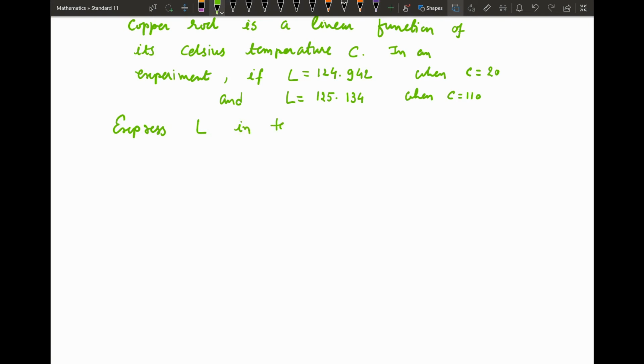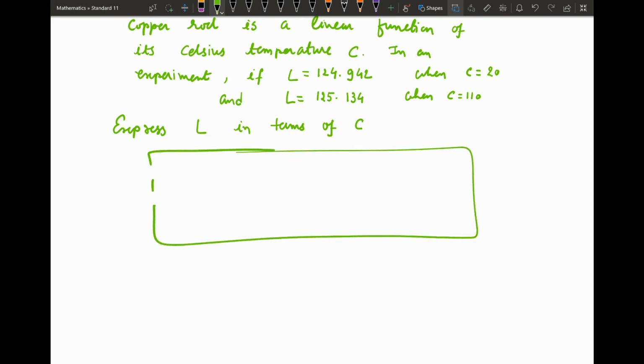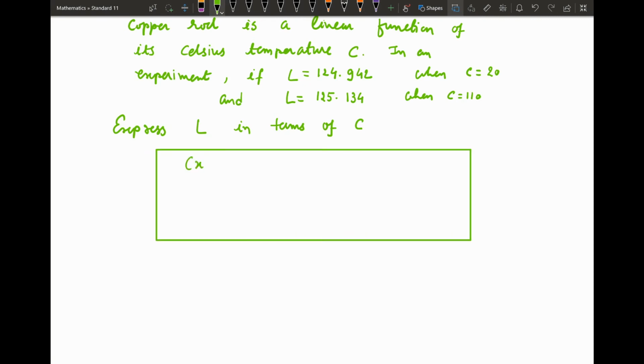L in terms of C, Celsius. In the case of an ordered pair x comma y, a linear relation is y equals mx plus c, or you can also consider x equals my plus b, etc. Linear means power 1.